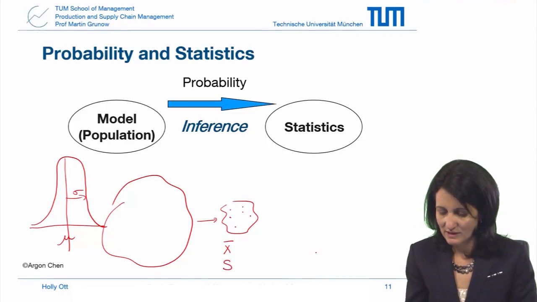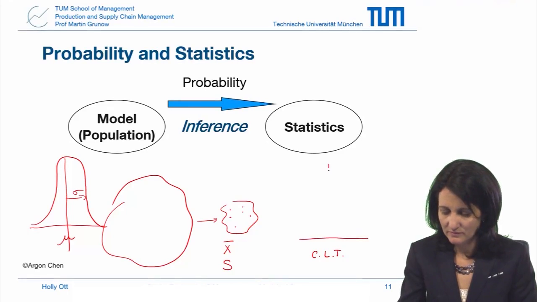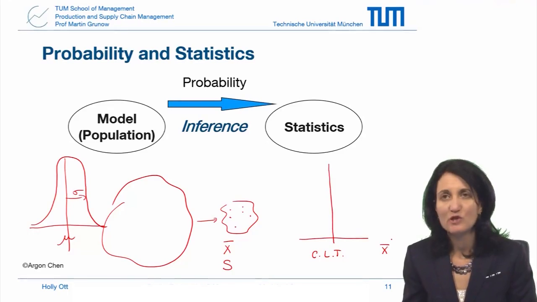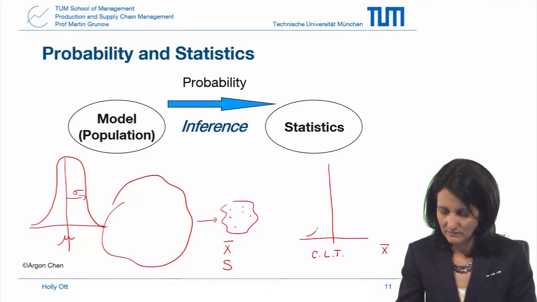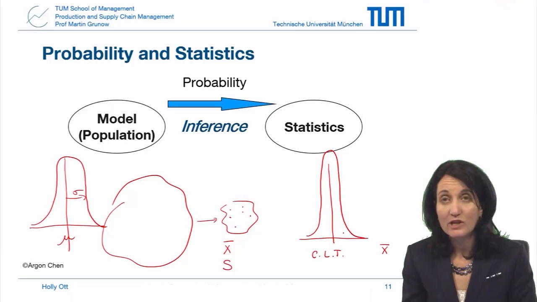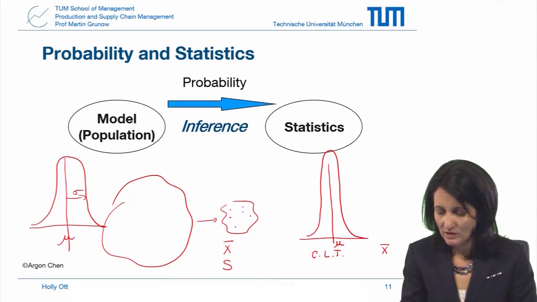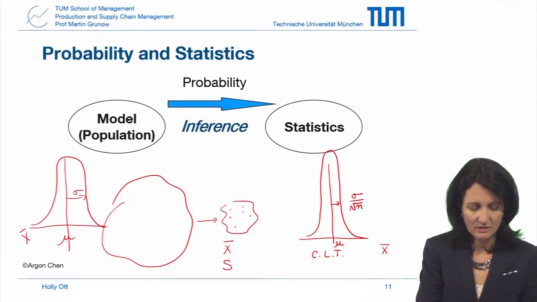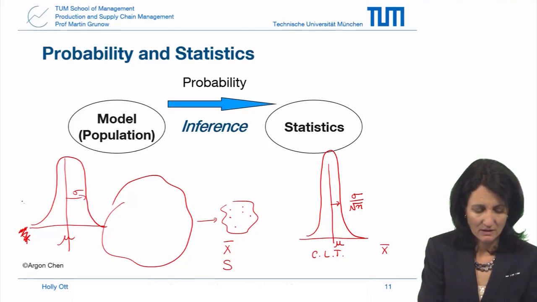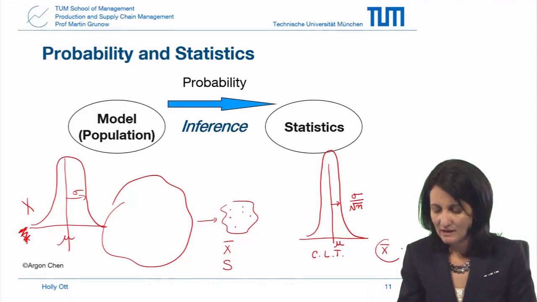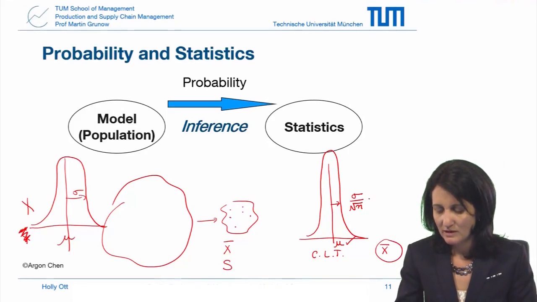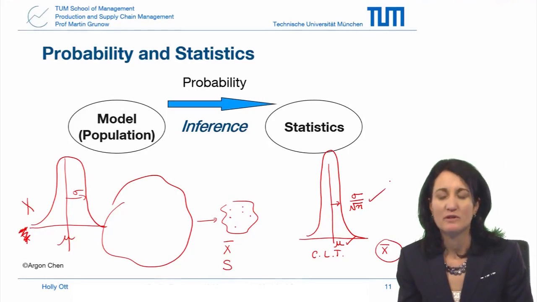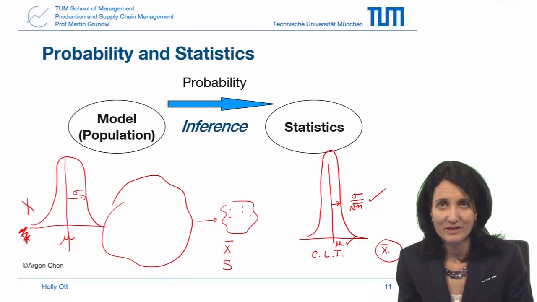And then we also use the central limit theorem, where, looking at the distribution of x bar, we knew that if we knew the population parameters, mu and sigma, from our distribution of our random variable x, then we could also know the population parameters of our sample average.